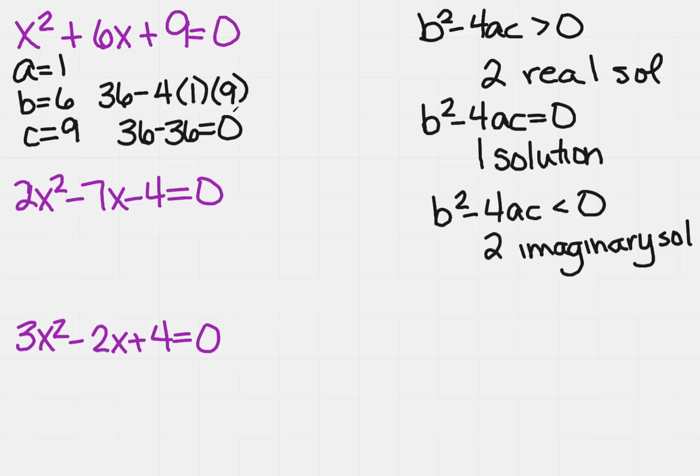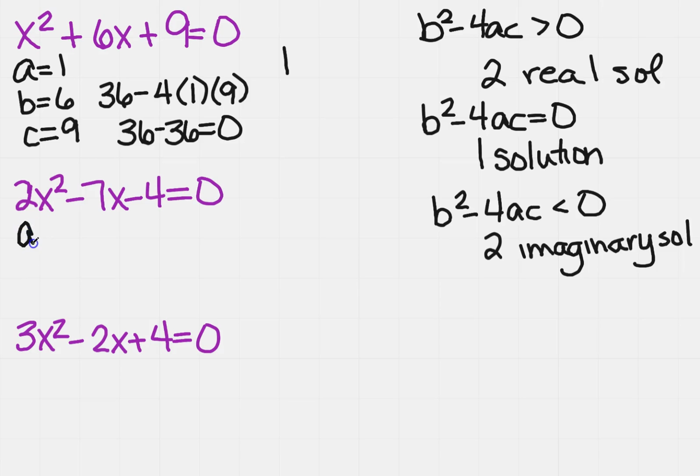So that equals 0. So now my question is, if it's equal to 0, and over here it says it has one solution. So what you would be able to say is that there is going to be one solution, and it's going to be a real number, and it's going to be rational. Remember, there is a chart that reminds you what each one is for.